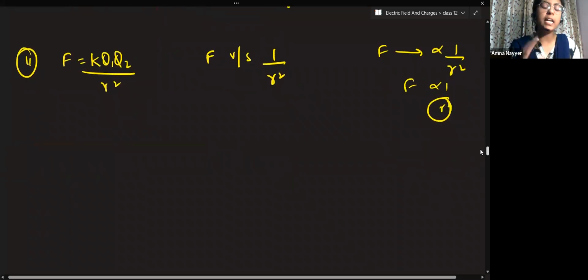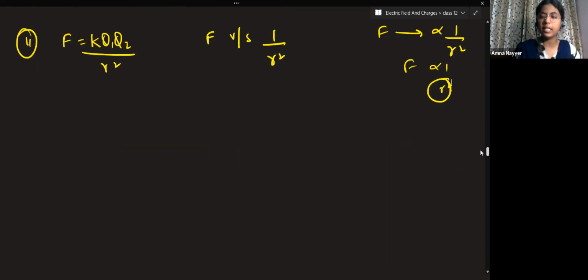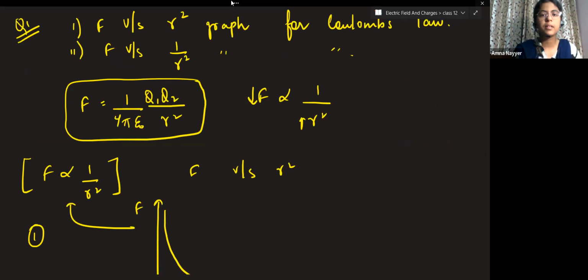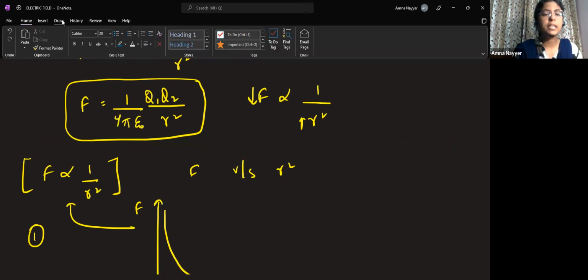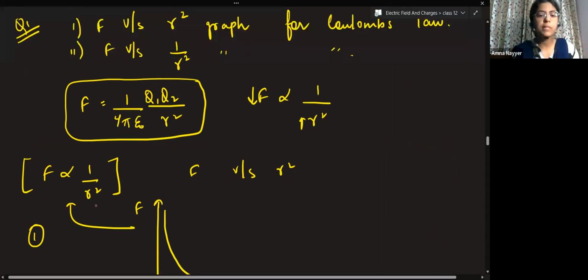How are we saying directly proportional and inversely proportional? See, just replace any term wherever you are having confusion with x. In this first part, let's replace r square with x. The formula was k q1 q2 by r square, so force versus r square.